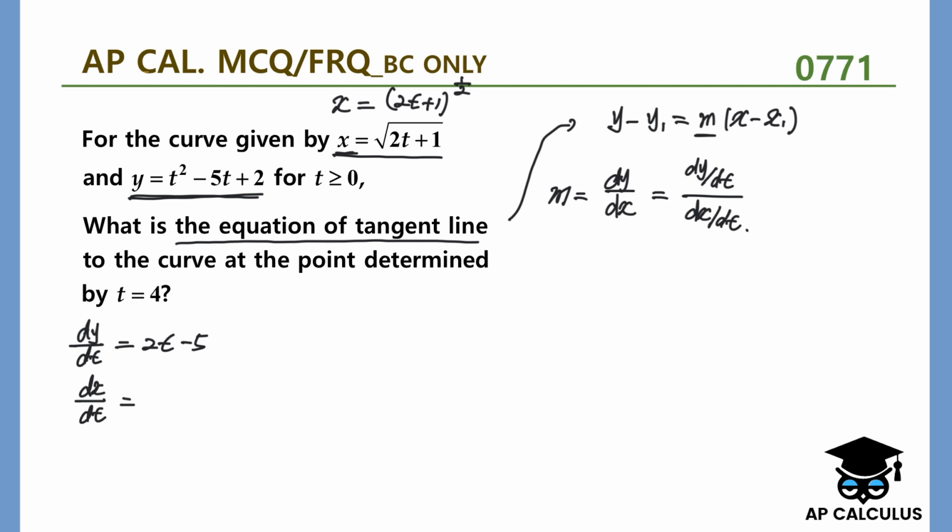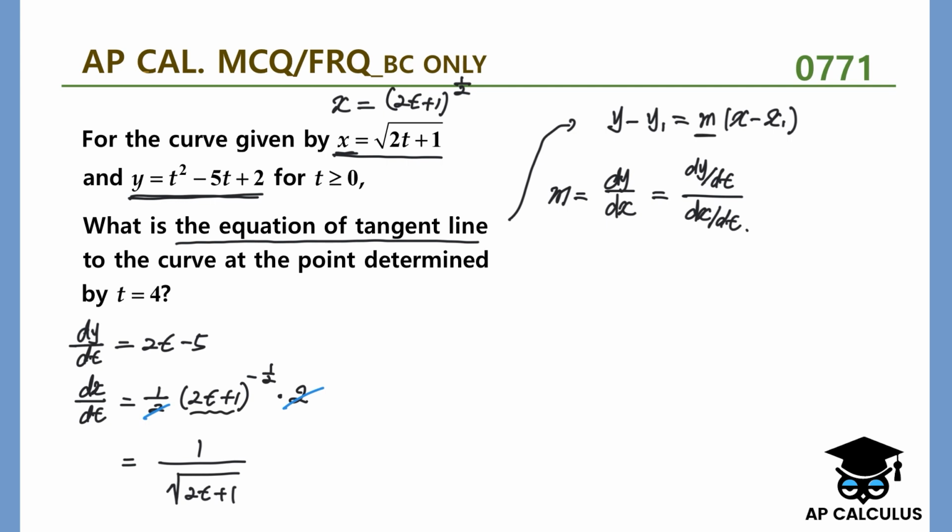So by the power rule, 1/2 times 2t plus 1 to the negative 1/2 times the derivative of 2t plus 1, chain rule. The 2 cancels out, so that's 1 over the square root of 2t plus 1.